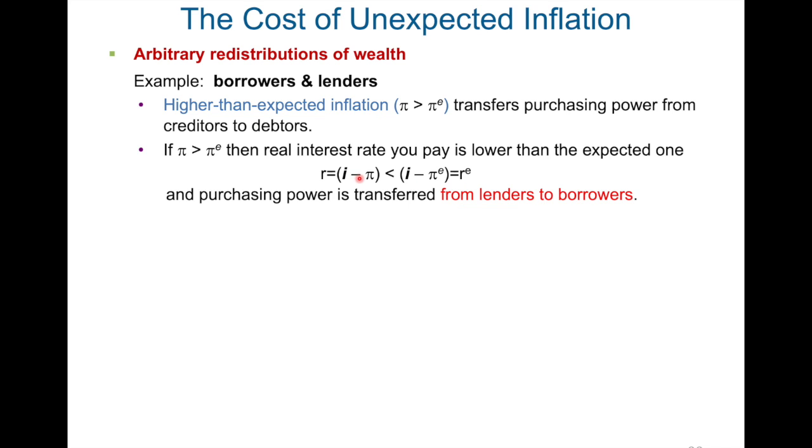But now it turned out that the realization of inflation is higher than expected inflation. So the real interest rate that you're paying is actually lower than the expected one. So higher realized inflation than expected reallocates resources from lenders to borrowers.